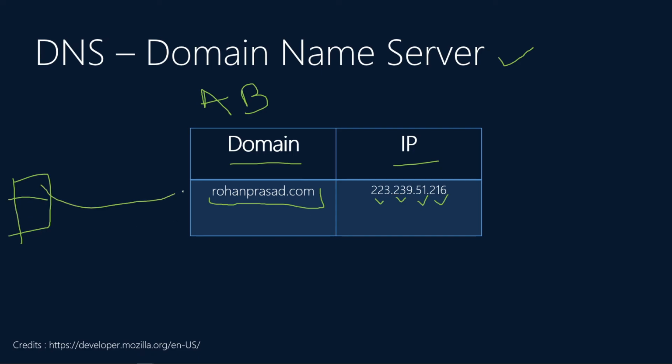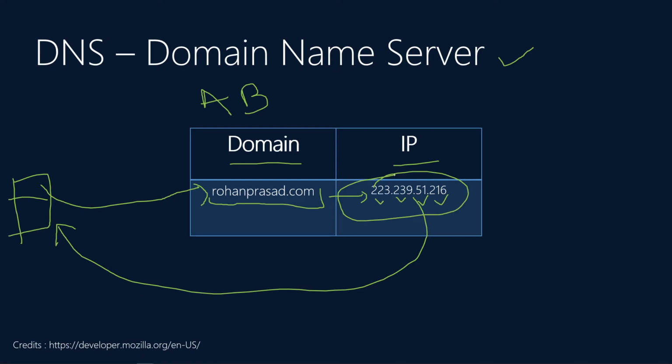You type in this address, it goes to the DNS, and it returns the IP to you. This IP is unique to a computer or a server. Using this IP, you go to a server and this server gives you a response. This is a request and this is a response that we talked about previously.